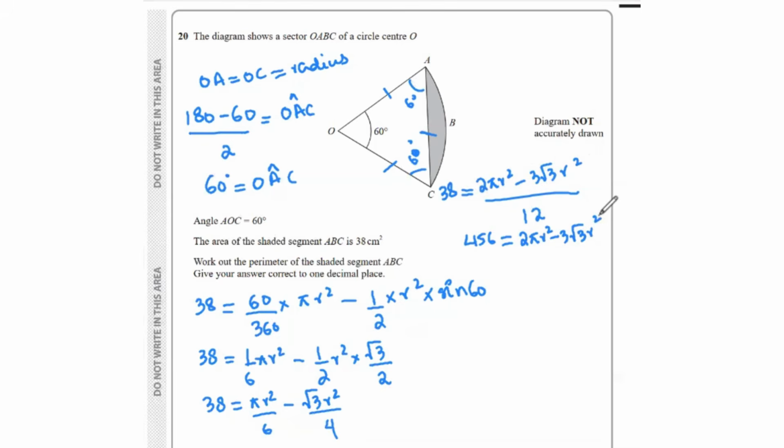So if you solve that, 2 times pi is 6.283 minus 3 root 3. So that gives us 456 is equal to 1.087 r square. So 456 divided by 1.087 being square rooted is the value of r.